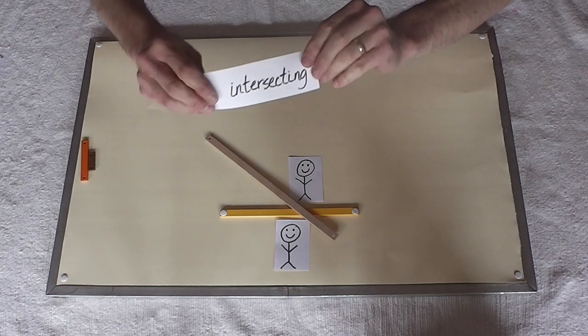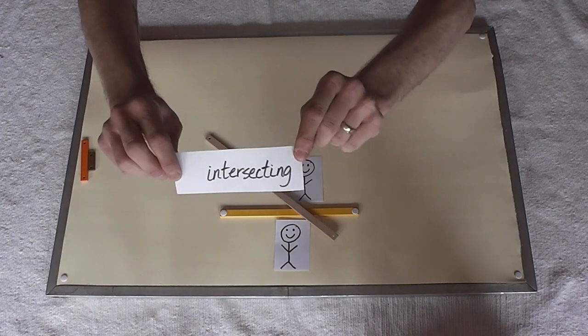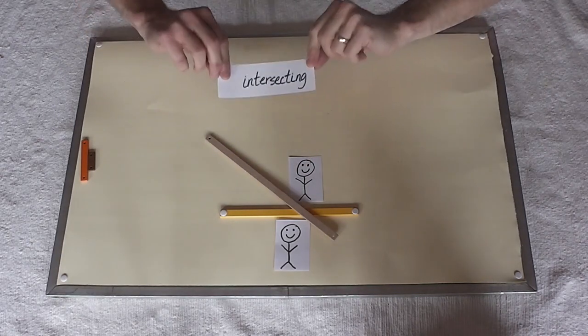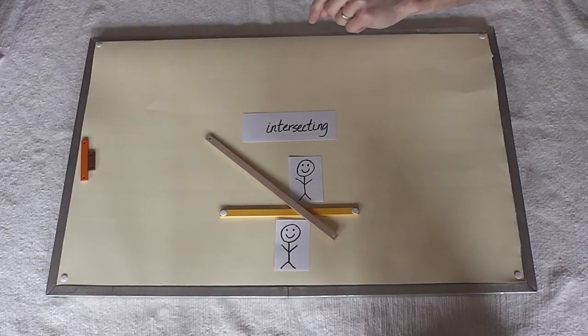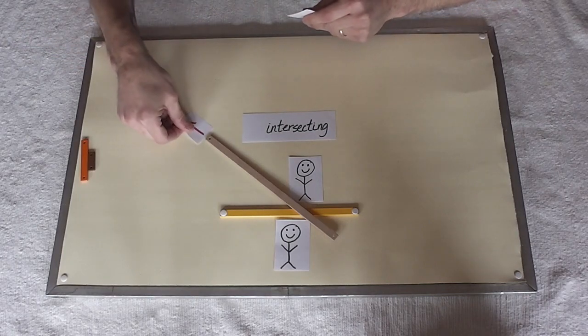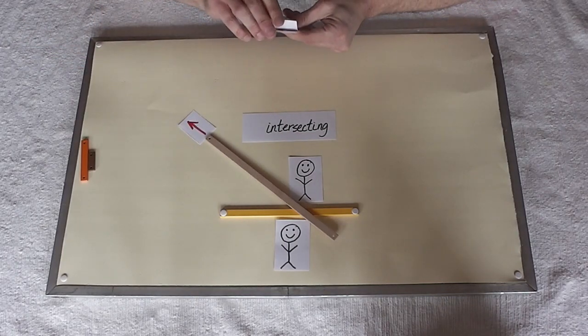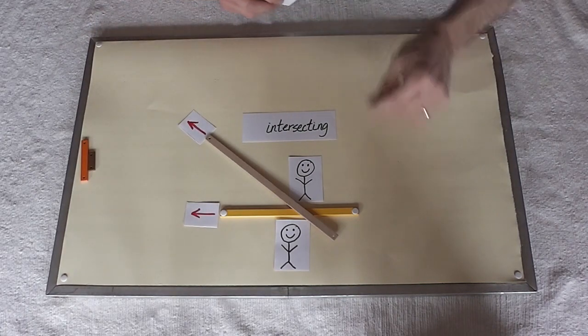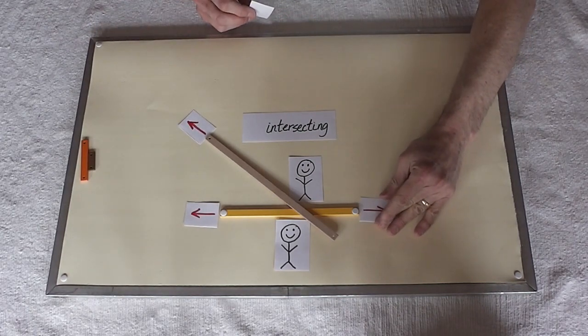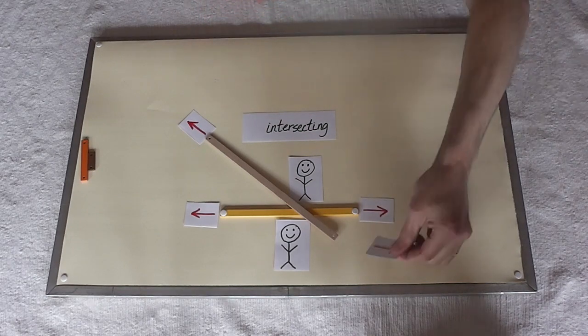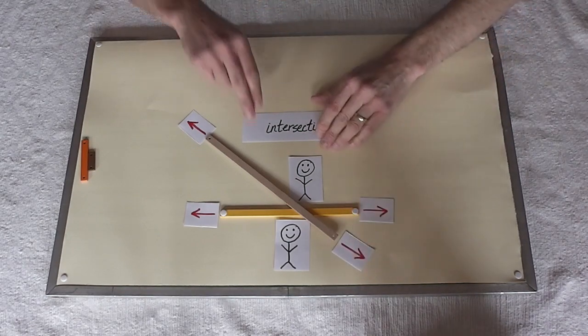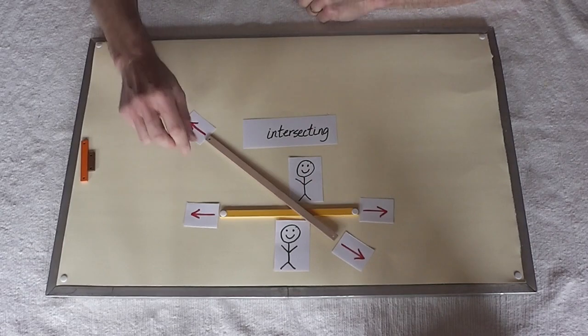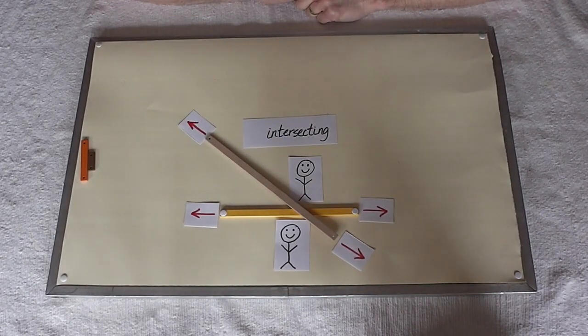These lines are intersecting lines. I'm going to put this here, and just to remind you with these arrowheads that these lines go on forever and ever. So, intersecting lines are lines which cross each other.